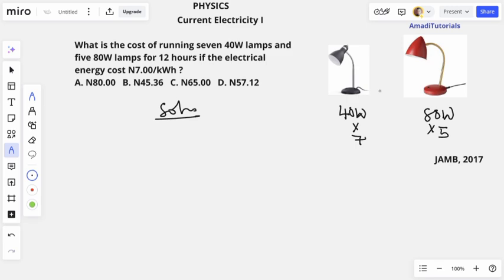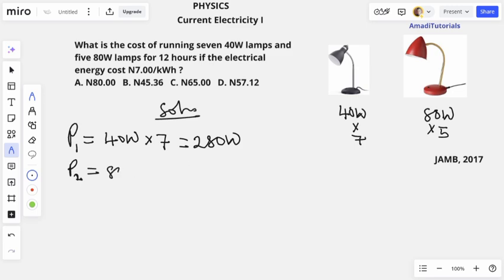The power drawn by the first lamp, we have 7 of it, we represent it by P1. So P1 will be 40 watts times 7, which equals 280 watts. For the second lamp, we represent the power drawn from it by P2.